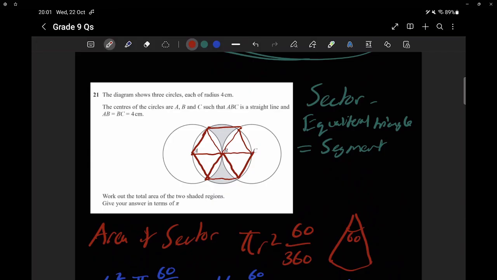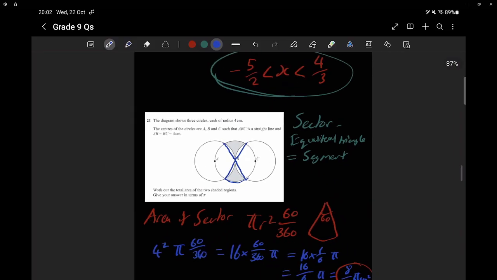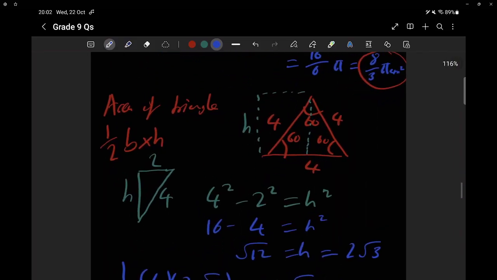And then it's just taking that leap. Once you've drawn that, then recognizing that that is a sector there. That is the biggest hurdle to climb, I reckon. But hopefully, when you saw areas of circles and you saw this strange shape here, your immediate thought was a sector anyway. And then the next bit is finding the area of that segment. And then you could have done half AB sine C for the area of a triangle.